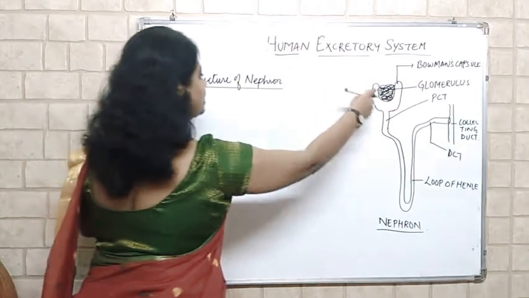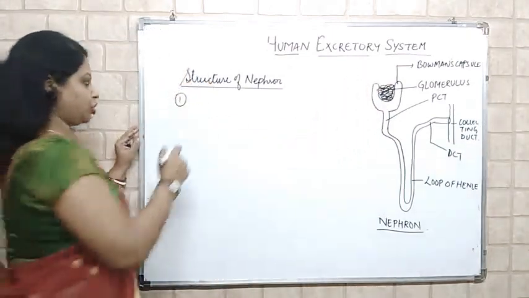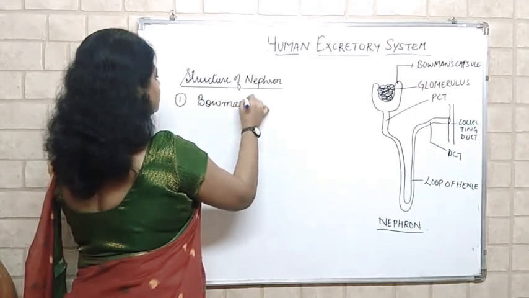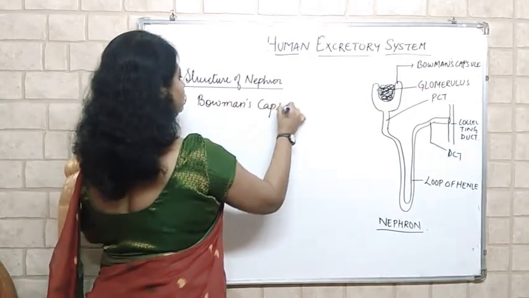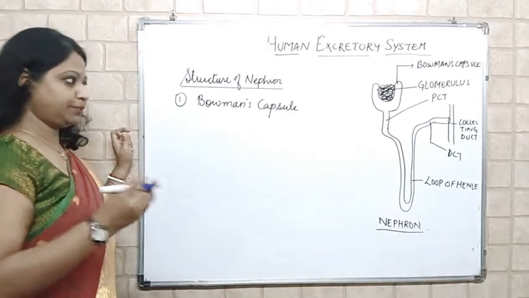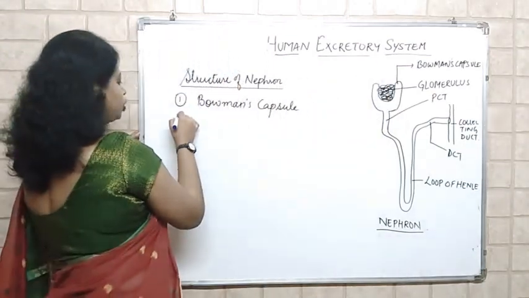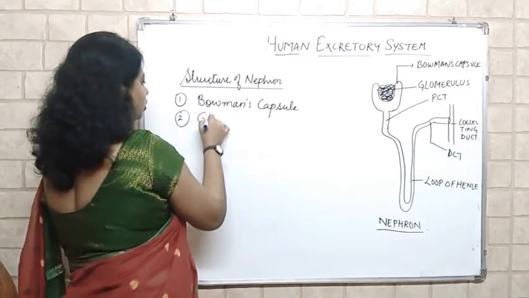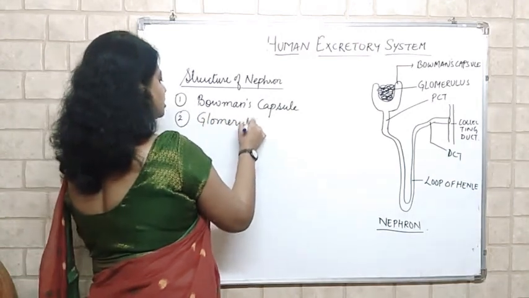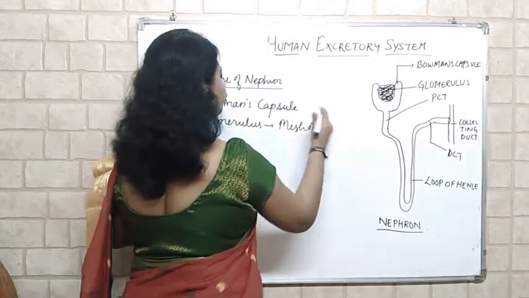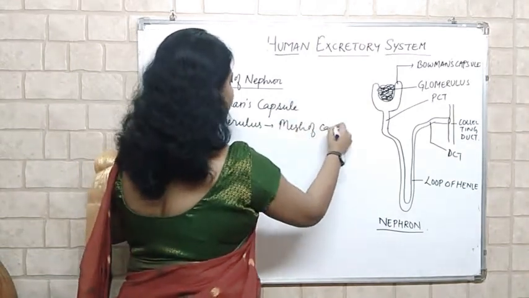Nephron contains a cup-shaped structure called Bowman's capsule. Inside this Bowman's capsule, we can see a mesh of capillaries called glomerulus. Glomerulus is a mesh of thin-walled capillaries.